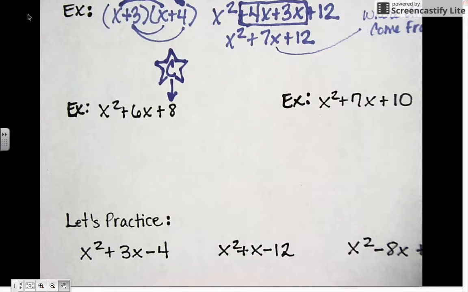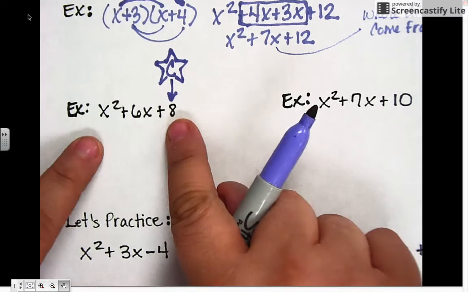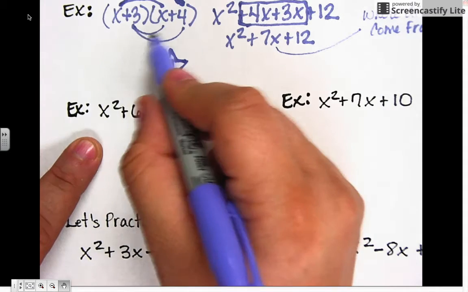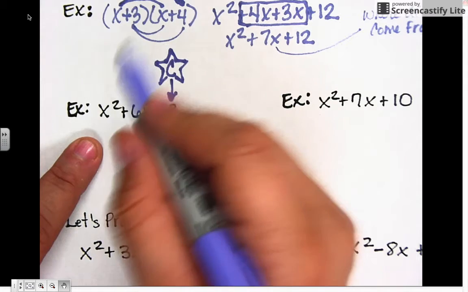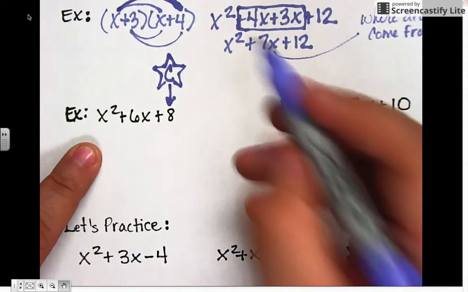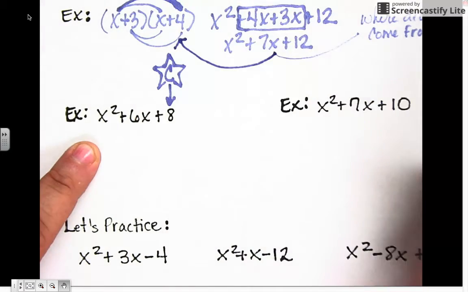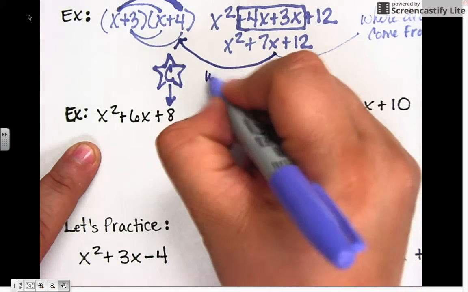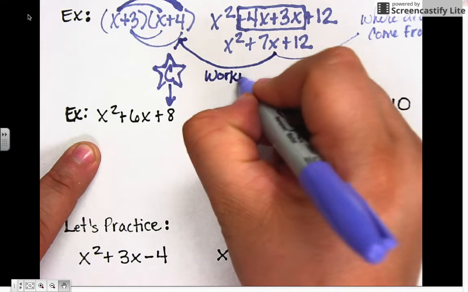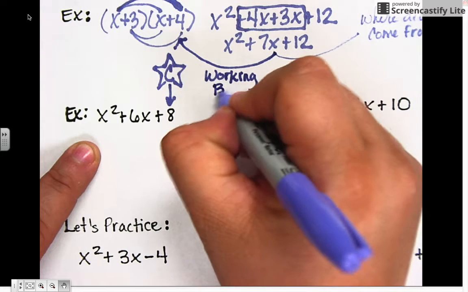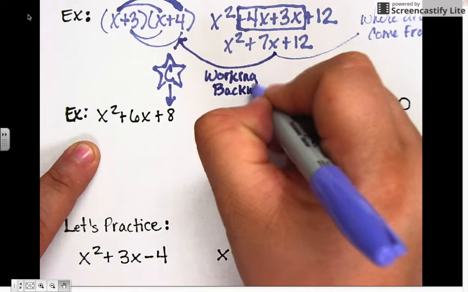C, in order to factor, is basically going backwards. So we need to take this answer and we need to make it look like two binomials. Factoring is going backwards. When you factor something, you're taking the trinomial and you're making it look like two binomials. You're working backwards.